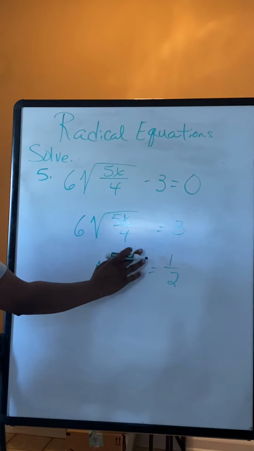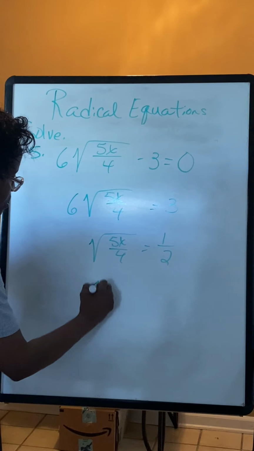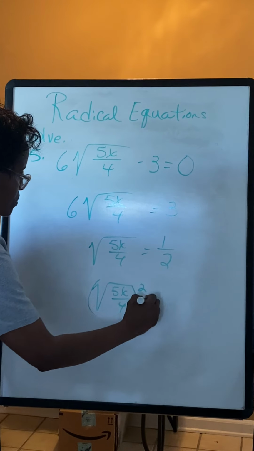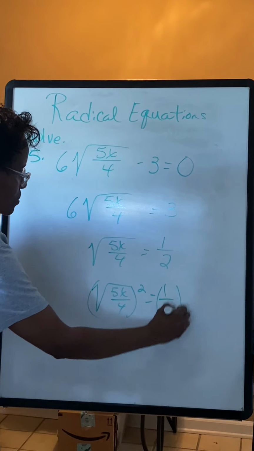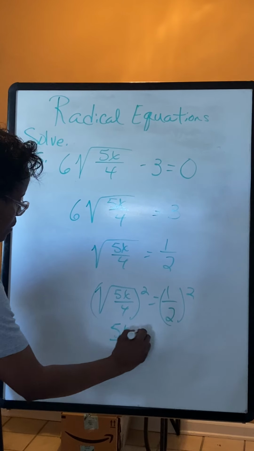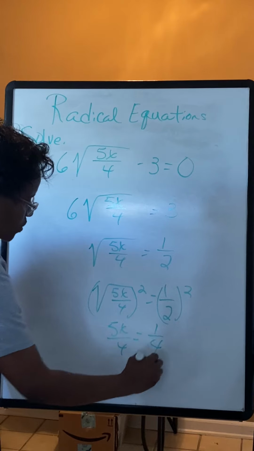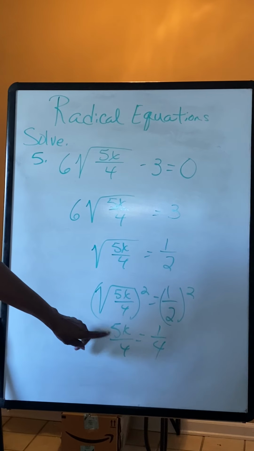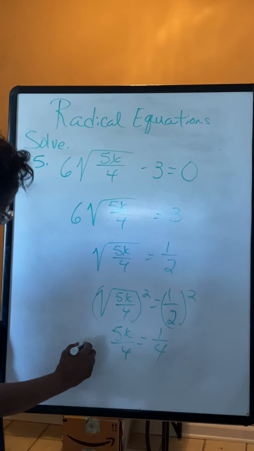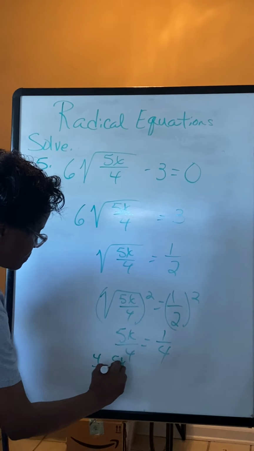To isolate the radical, to eliminate the radical, I'm going to square both sides. When I square this side, I get 5x over 4. Here I get 1/4. Remember, the quickest way to get rid of this coefficient of 5/4, multiply by its reciprocal, and I will show that multiplication for your benefit.